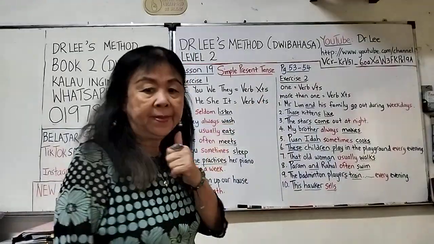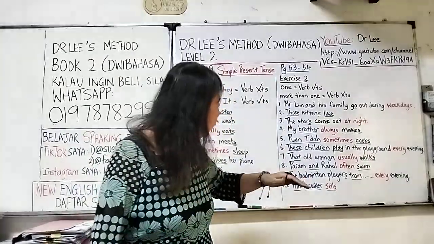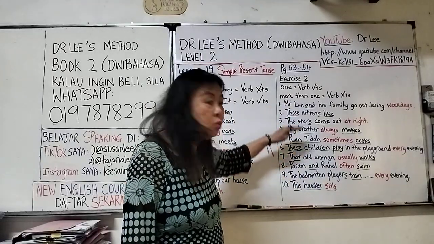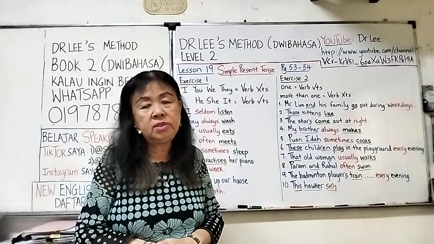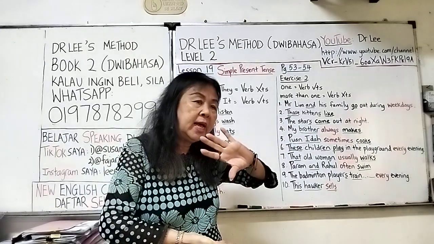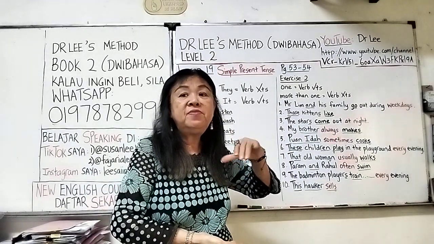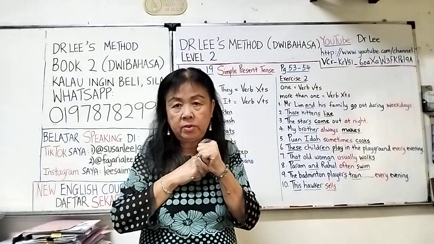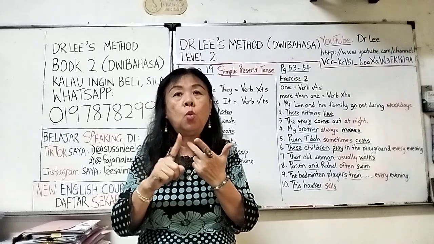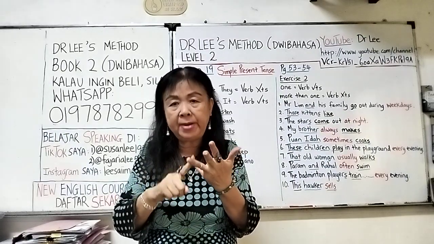So exercise 2. You can see that I do not use I, you, we, they, he, she, it, which we call pronouns. I don't use them anymore. I now change to a different subject. Now I use one person, one animal, one thing, one place.